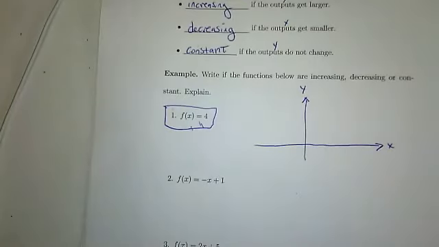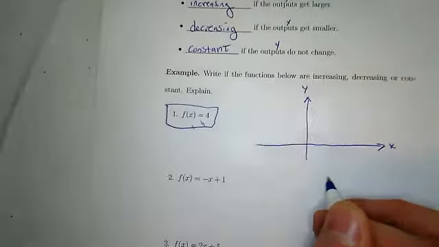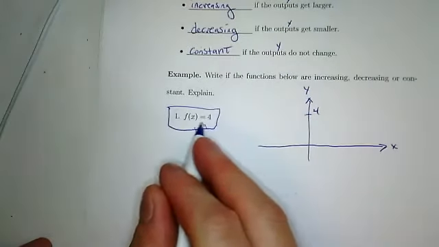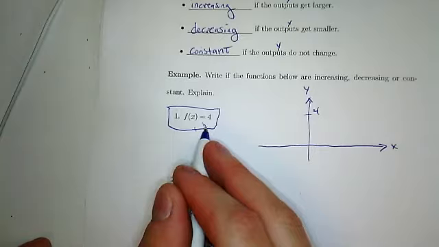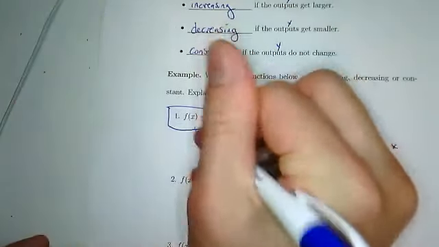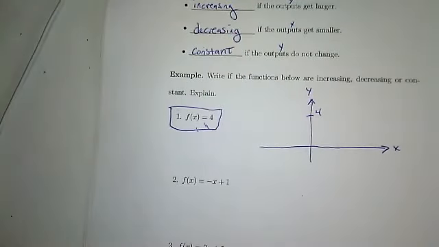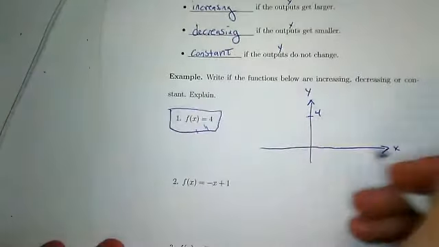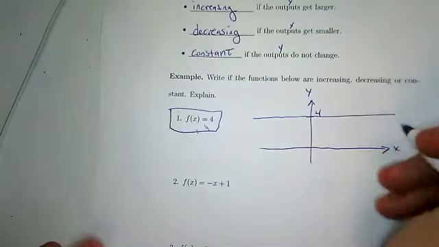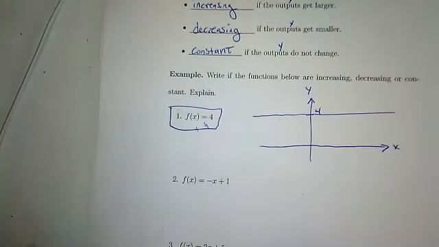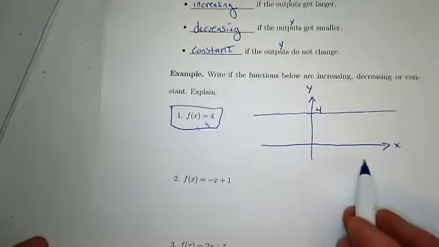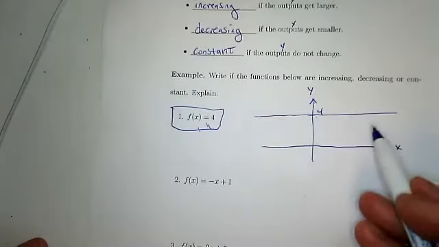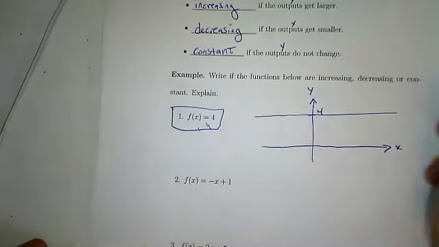Exactly, it's just a flat line because every x value you plug in, you just get 4. If I plug in 0, I get 4. If I plug in 1, I get 4. There's no x at all in the expression. So it's constant, and as you go from left to right, the y values do not change. They're just 4 the entire way.